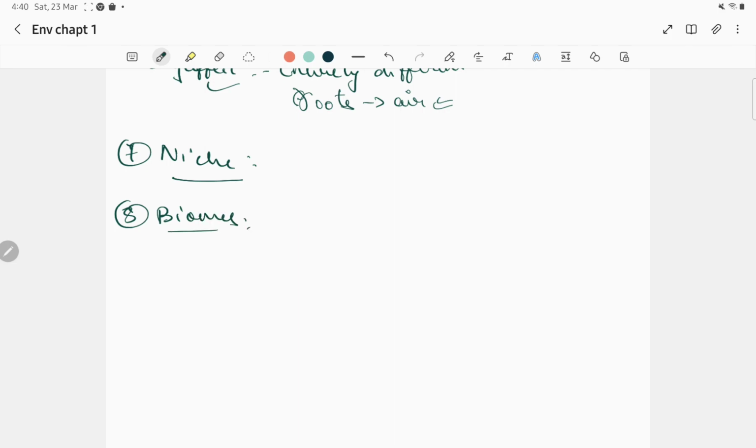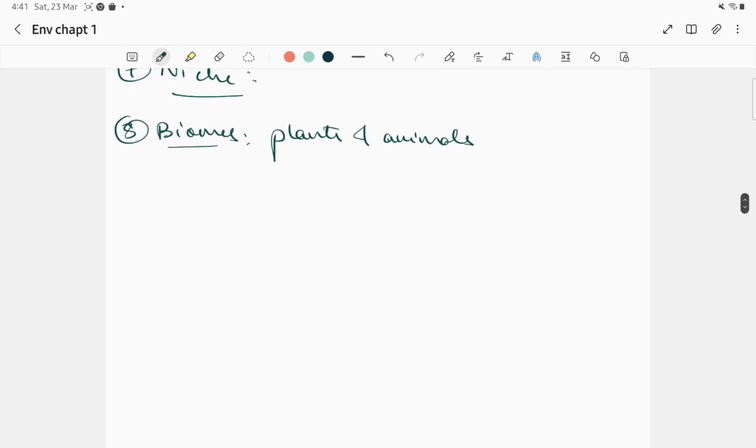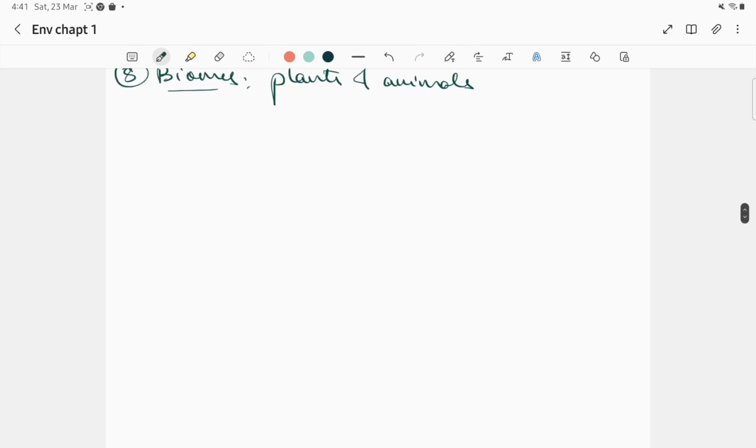It's a community of plants and animals that have common characteristics for the environment where they exist. So it's a broader term compared to habitat also. These are the basic terminologies or definitions.